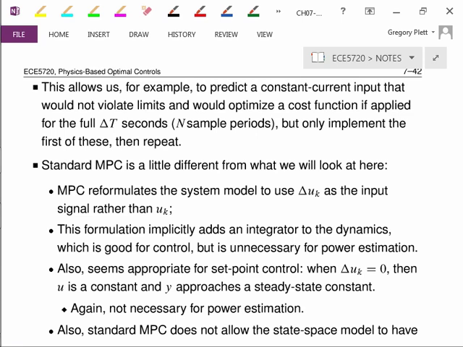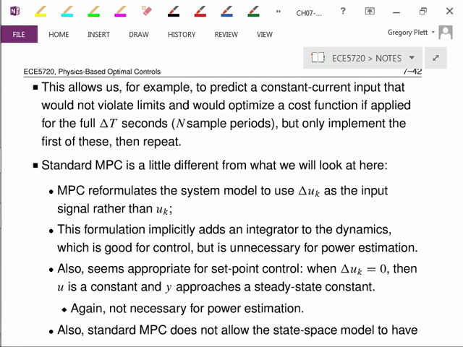Things like that can be implemented very naturally using model predictive control, whereas other types of controls can only do soft constraints by basically approximating a constraint with a quadratic cost function or something like that. So this is one reason why we're looking at model predictive control in this example.